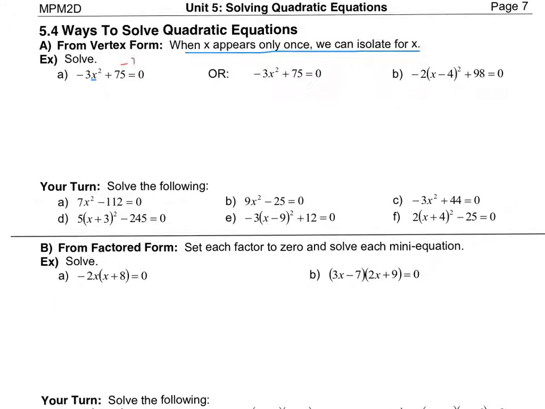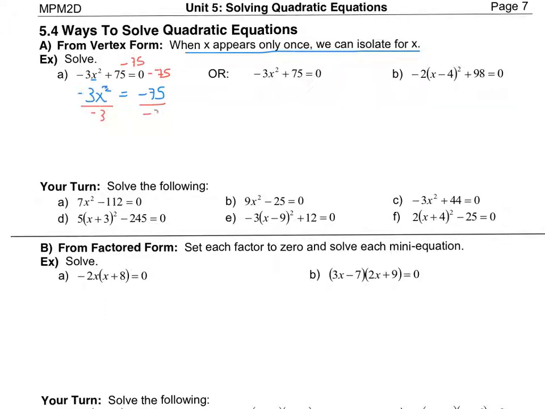So I could subtract 75 from both sides, and we end up with minus 3x squared being equal to negative 75. And then to get x squared by itself, we're going to divide both sides by negative 3.